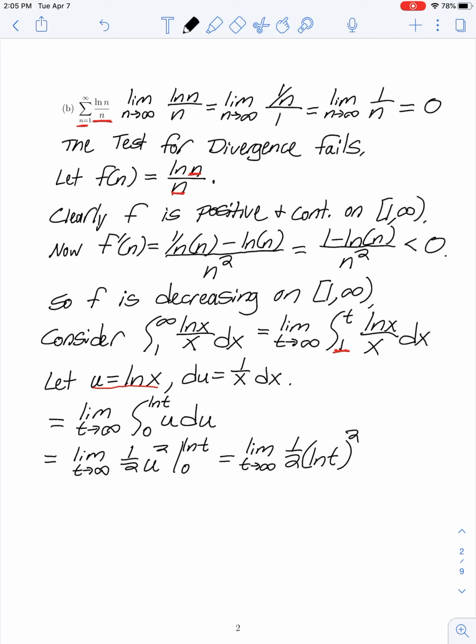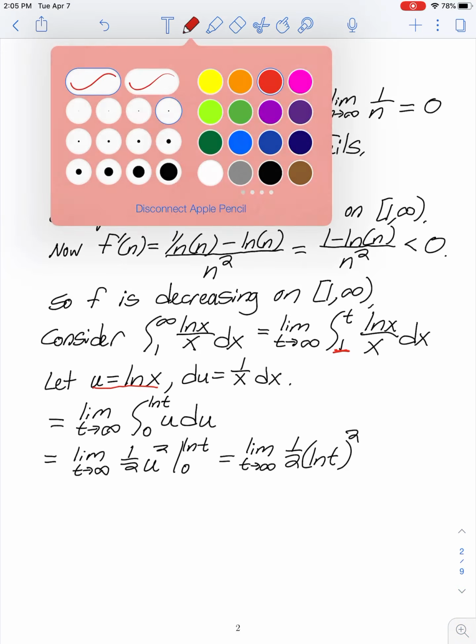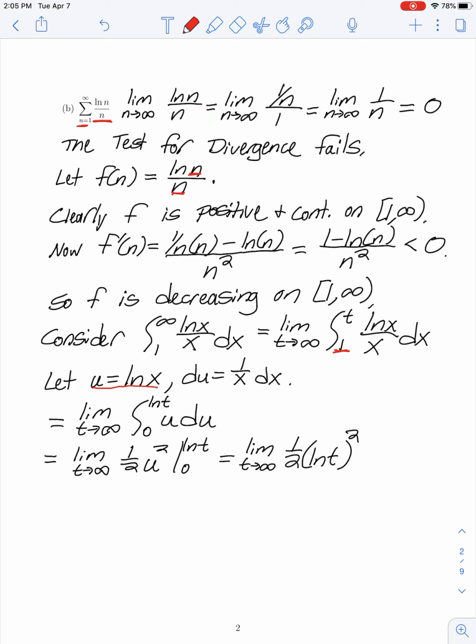So in our last step, we would take the limit of this function as t approaches infinity, and we know that the natural log of t is an increasing function. So as t gets larger and larger, this inside function, natural log of t, is diverging towards infinity. So if we square that value, we have a value that is becoming unboundedly large.